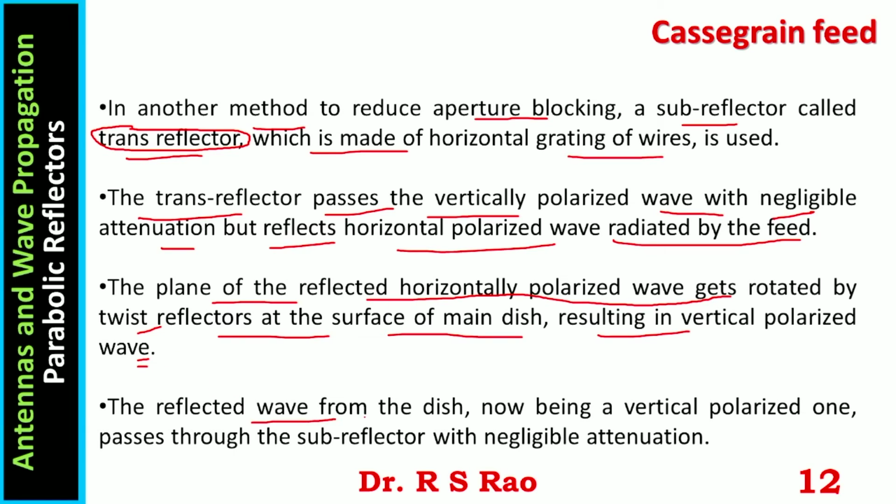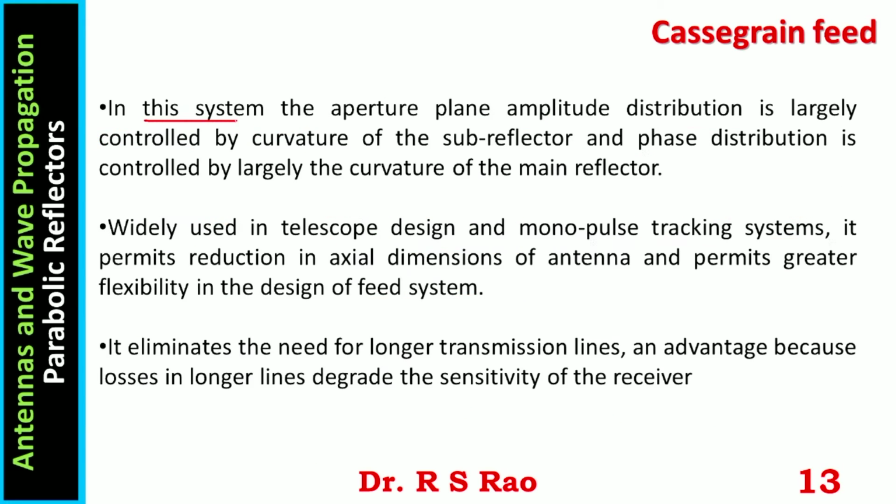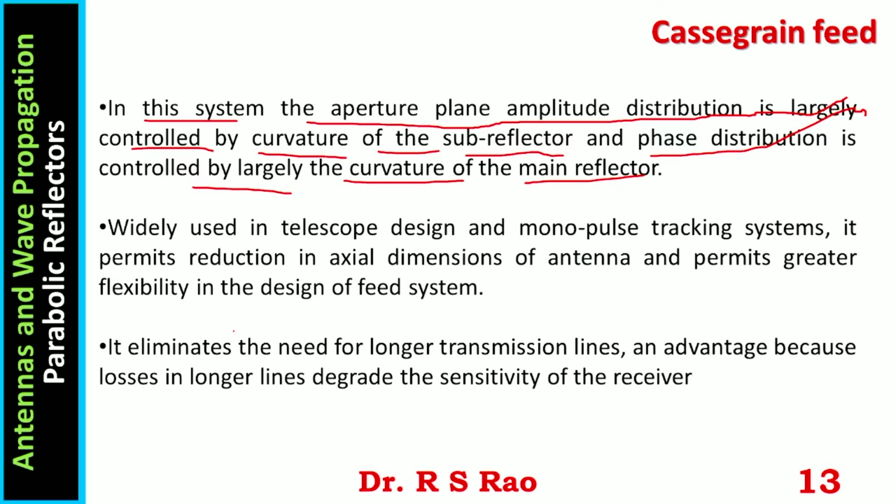The reflected wave from the dish, now being vertically polarized, passes through the subreflector with negligible attenuation. In this system, the aperture plane amplitude distribution is largely controlled by the curvature of the subreflector, and the phase distribution is largely controlled by the curvature of the main reflector.